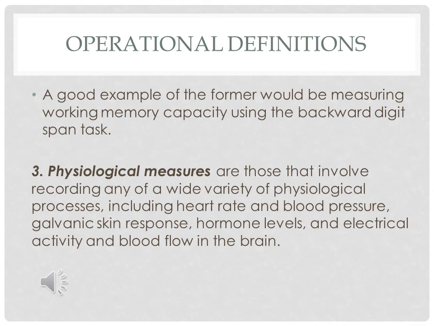So this is all related to physiological measures, the physiological processes taking place inside our body, and they can be recorded using measurements of heart rate, blood pressure, skin response, hormone levels, and blood flow in the brain.